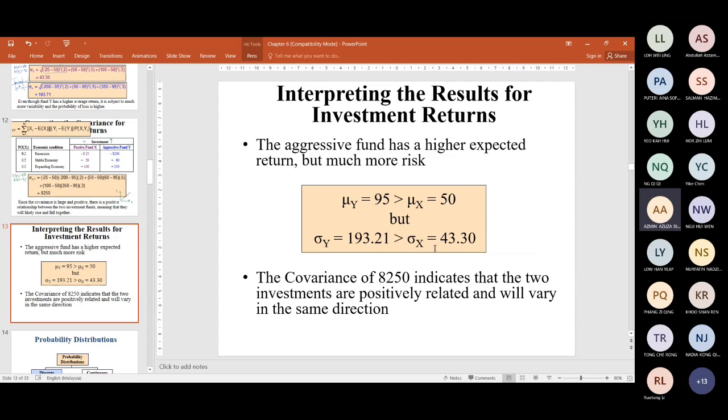The aggressive fund has higher expected return, which is 95, but much more risk. So the expected return for Y is higher than the expected return for X, which is 50, but the standard deviation for Y is higher than this one, so we have higher risk. And the covariance here indicates that the two investments are positively related and vary in the same direction.